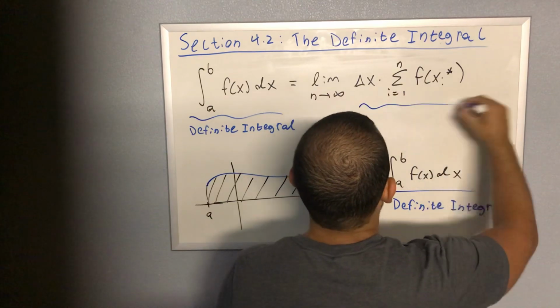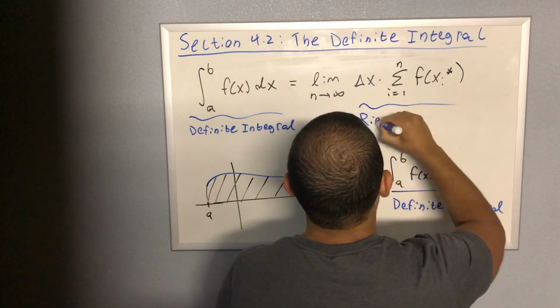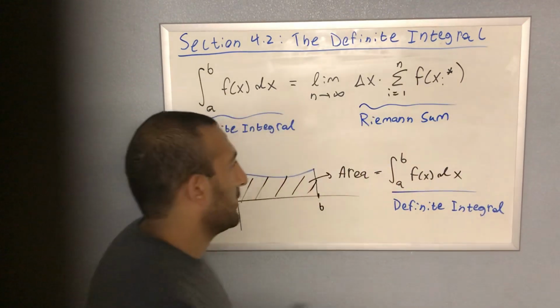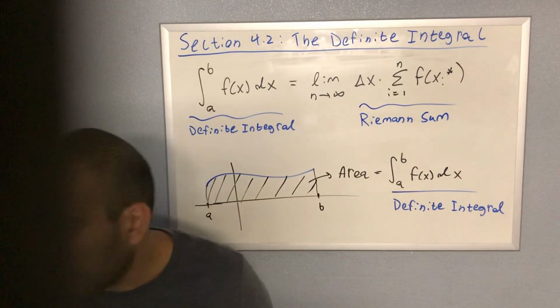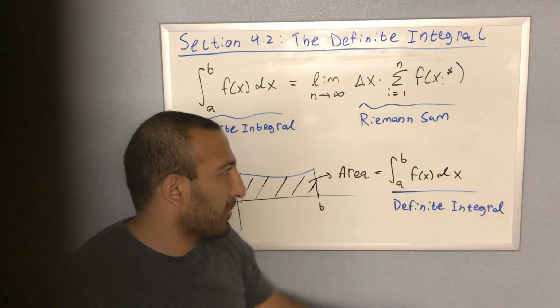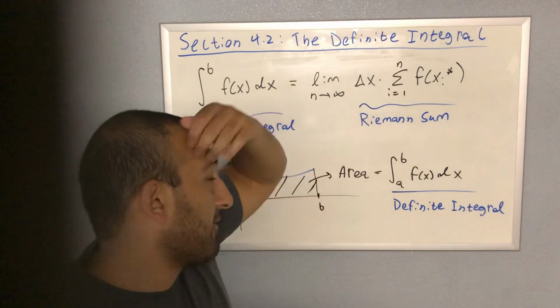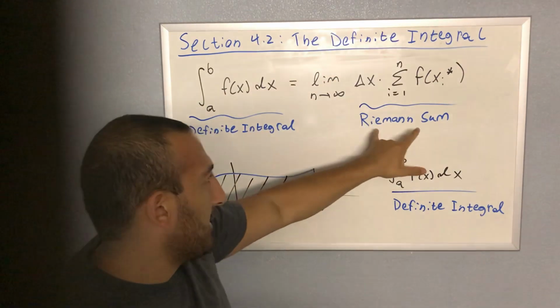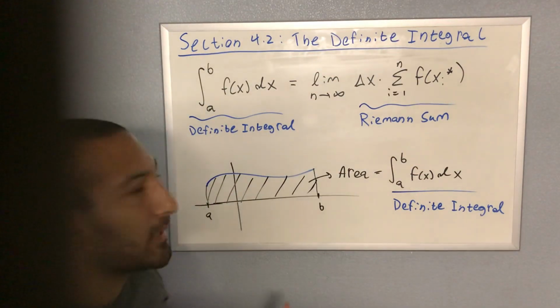So this sum here is called a Riemann sum. I hope I spelled that right. I don't know if it was one n or two n, but this is after a very famous German mathematician, Riemann. So the sums of the rectangles are called Riemann sums.